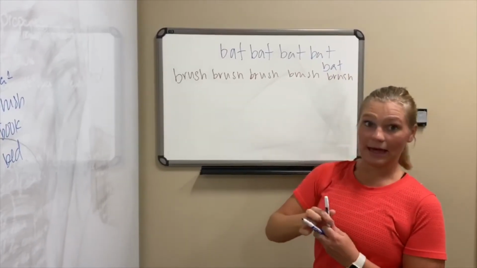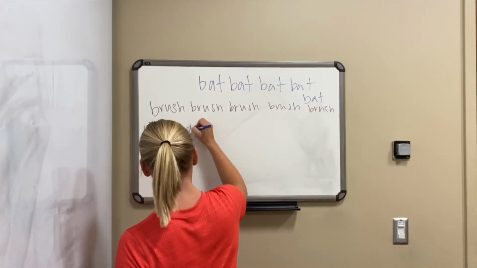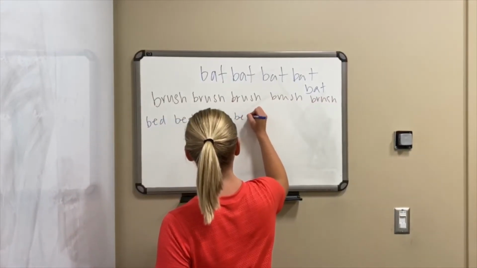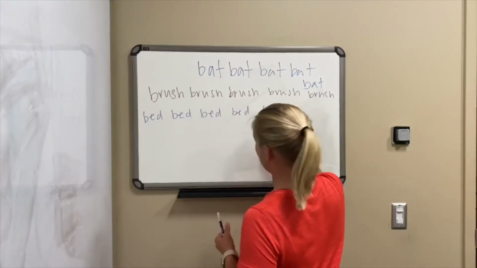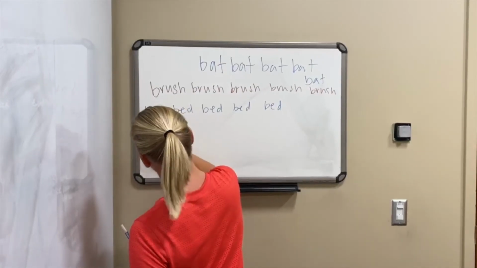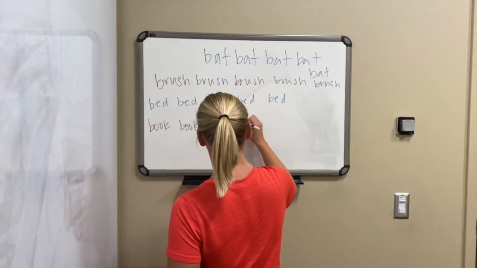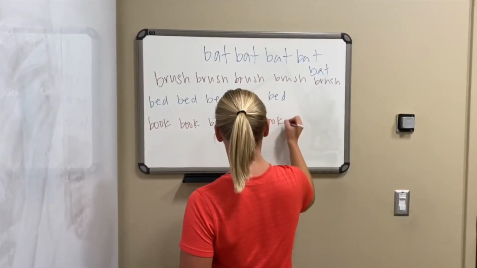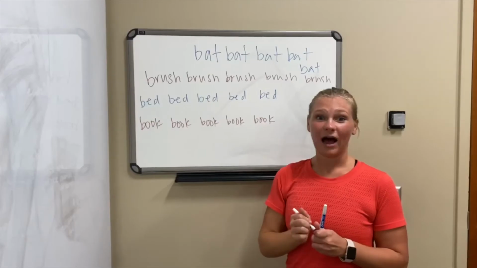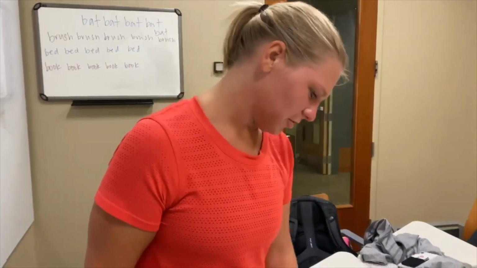Next word is bed. Then our last word for today is book. So you write all of these words on your paper 5 times and then we'll check your spelling. Teacher, can you come check my paper? I think I'm done. Oh, let's try a different way of learning so we can understand the words better.